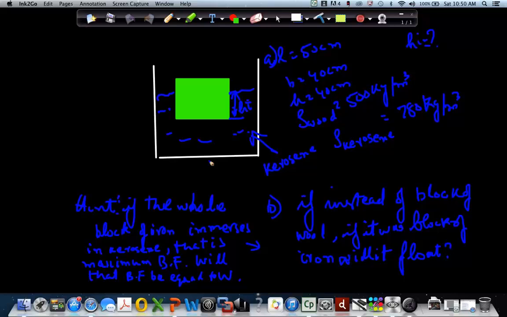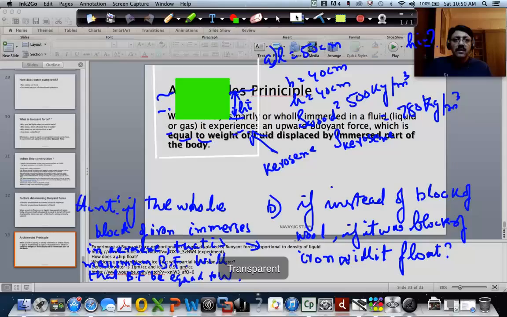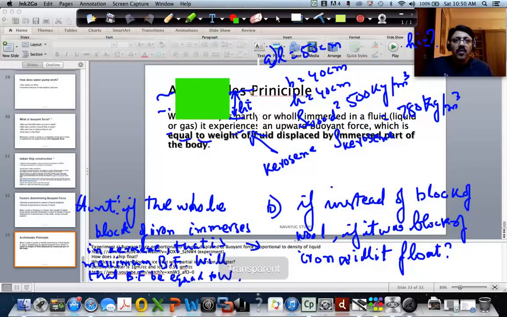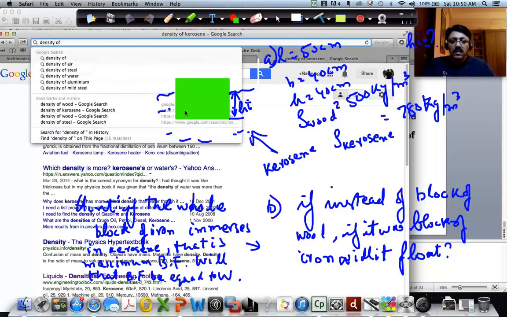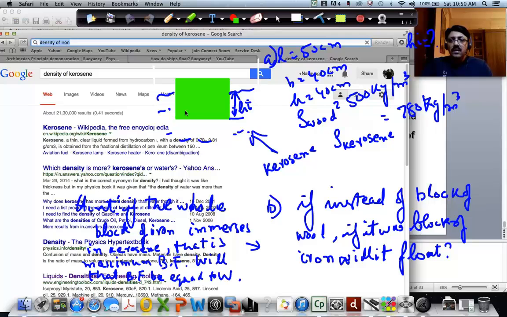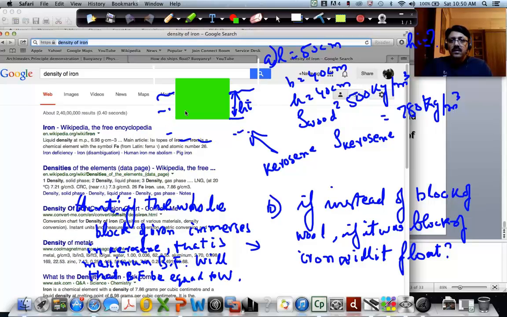Okay, I can give you the density of iron. Just give me one moment, I'll also find the density of iron. The density of iron is 6,980 kilograms per meter cube.